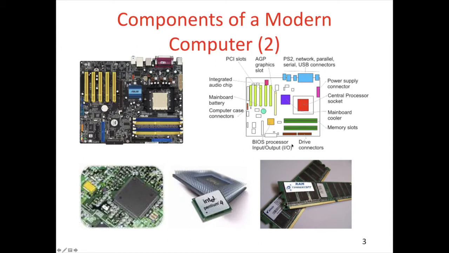We have drive connectors, BIOS processor, input-output I/O, computer case connectors, battery of the main board, integrated audio chip, PCI slots here, AGP graphics slot there, and PS2, network, parallel, serial and USB connectors for the main board.